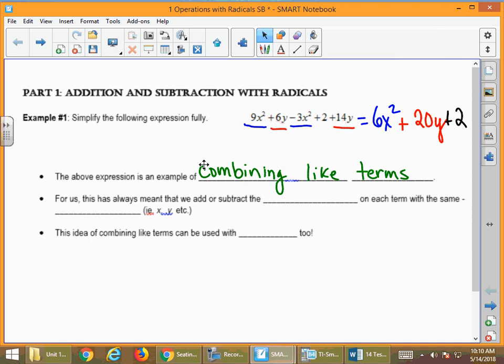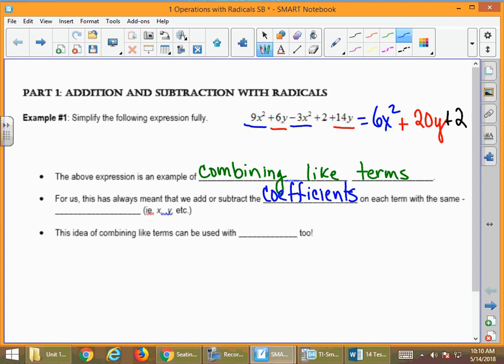And for us, all that means is that we add or subtract the coefficients on each term, like we did 9 minus 3 to get 6x squared.